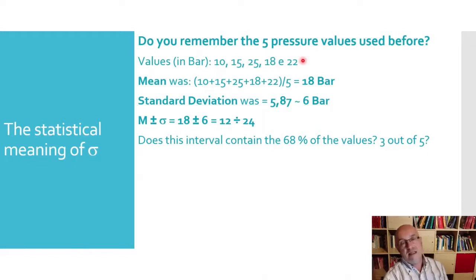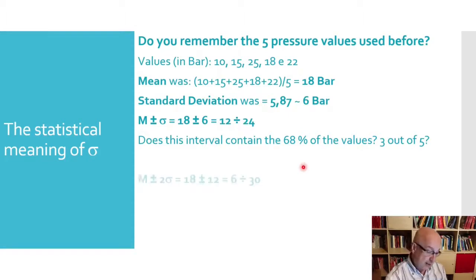Okay, the 68% of 5 values would be a decimal number, 3 point something, but we can round it to 3. So at the end, the question is, are 3 values of this set of 5 real numbers included in this interval?